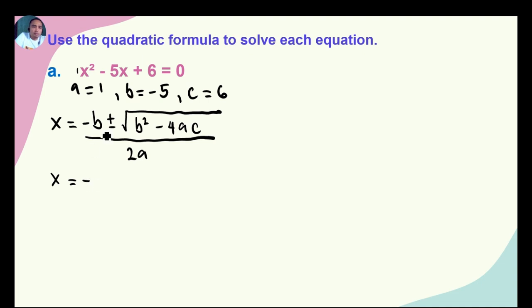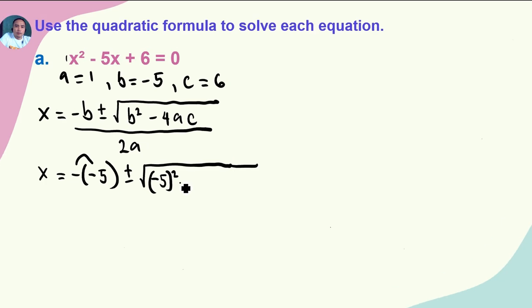So we have negative, and our b is negative 5, so you enclose that inside parentheses. We have negative times negative 5 plus or minus the square root of negative 5 squared minus 4 times 1, our a, times 6, our c, all over 2 times 1.